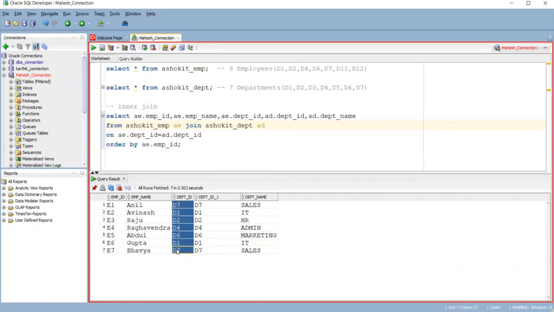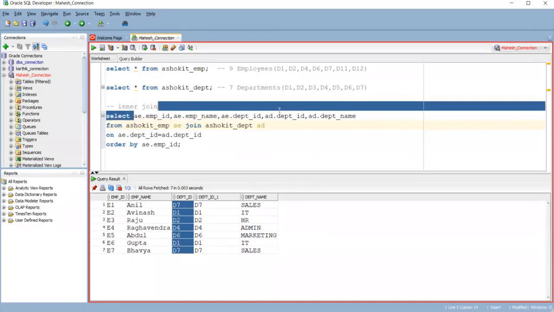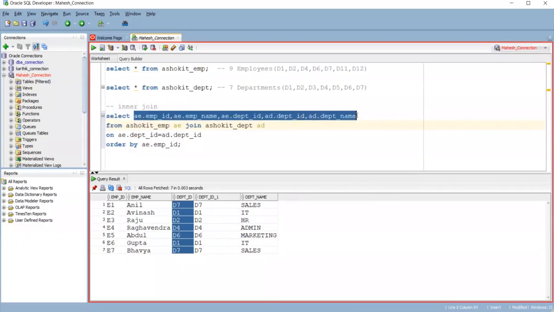Understand? Yes. So we are selecting these 5 columns from both of the tables for our understanding. We can ignore it, basically, for understanding and for the results. I just selected these 2 columns. Clear?